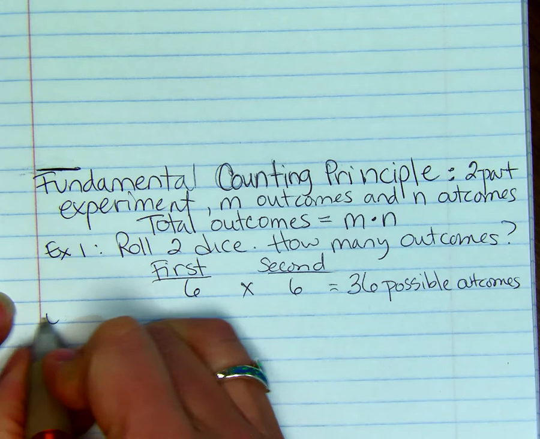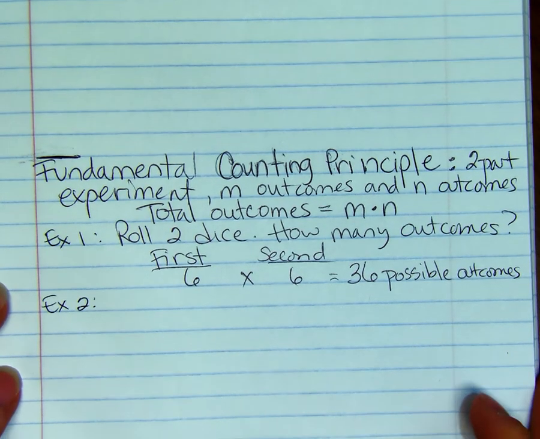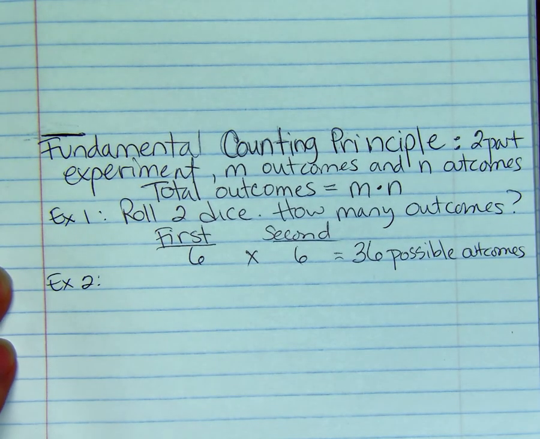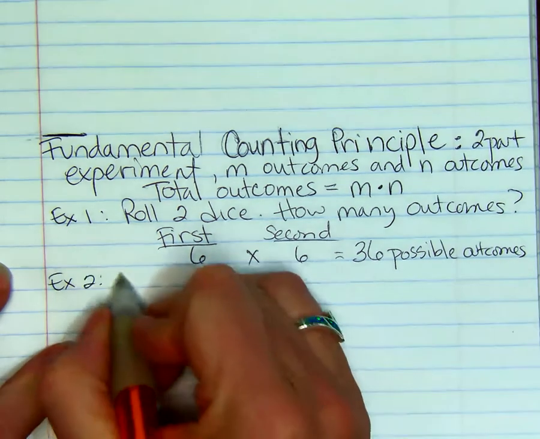Here's another example. We're going to roll 2 dice. How many outcomes if the first roll is even and the second roll is odd?